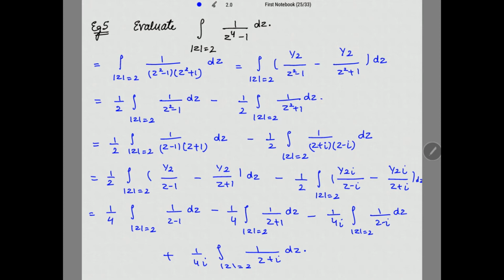Now if you calculate, what is your f of z here? f of z is 1 in all the 4 integrals. When you calculate all these, you will use Cauchy's first integral formula, and also you have to mention that plus minus 1 and plus minus iota, all these points lie inside mod z equal to 2, and then you will use Cauchy's first integral formula.